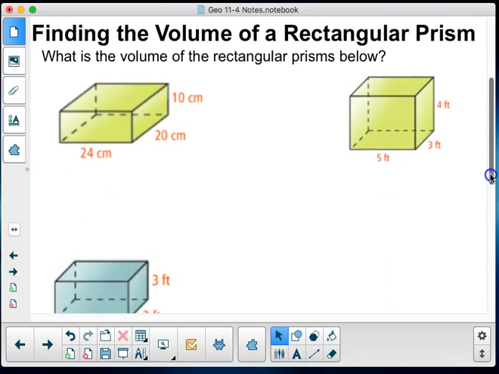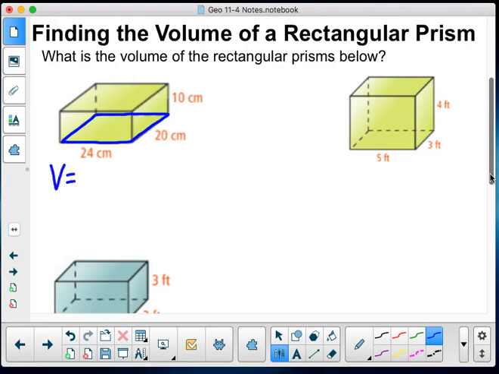So it's as simple as 1, 2, 3. 1, find your base. Volume is equal to the area of my base times height. My base is a rectangle, so the area is base times height, BH, 24 times 20.